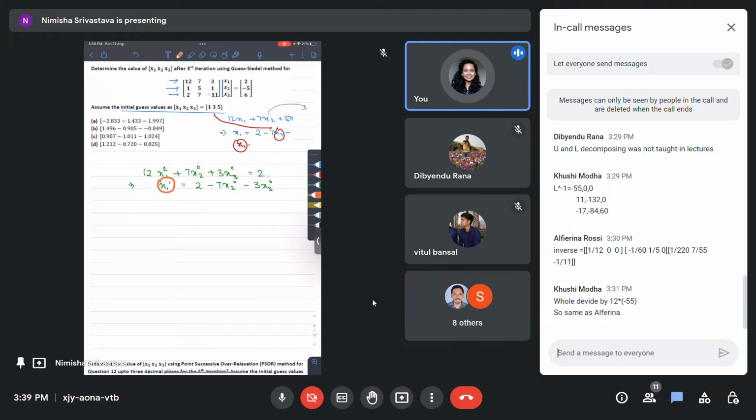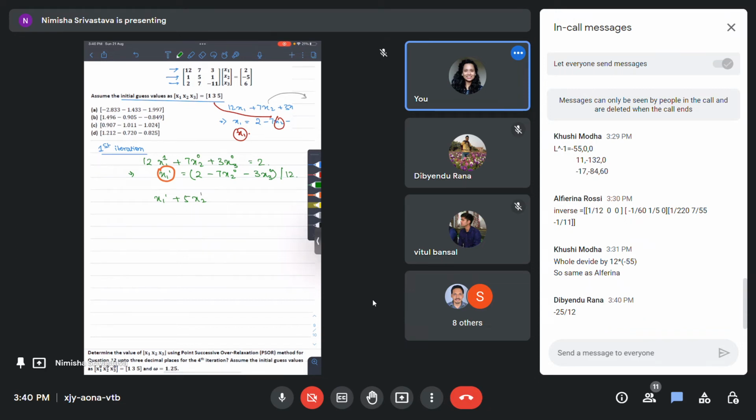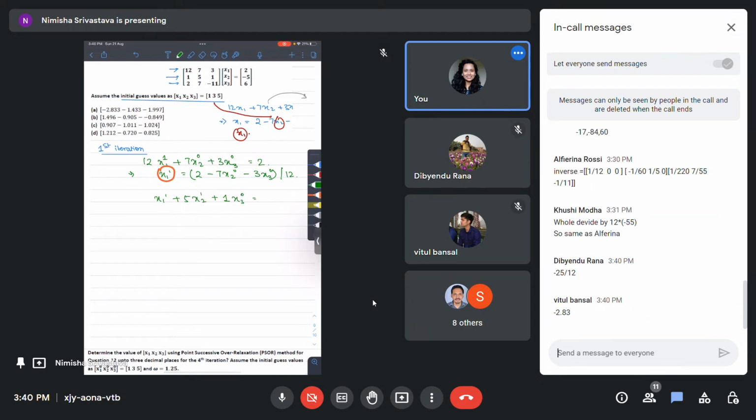Can you tell me the revised value for x1? Okay, minus 2.83. So that's right.